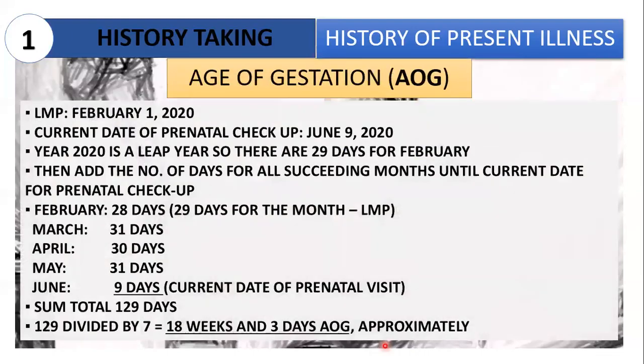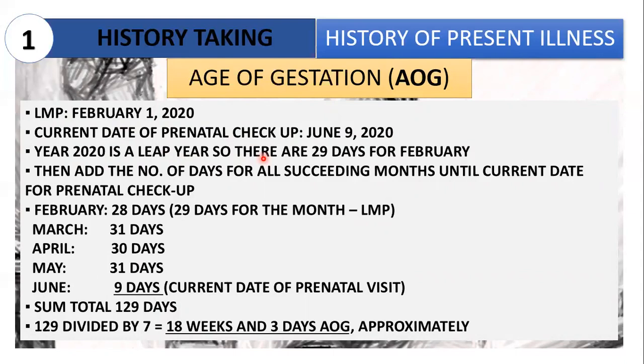So here's an example. Let's say the last menstrual period of the patient that we have is February 1, 2020. And today is the current date of prenatal checkup: June 9, 2020. And the year 2020 is a leap year, so there are 29 days for February.